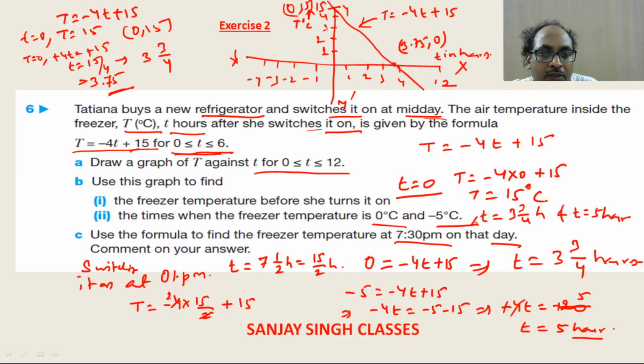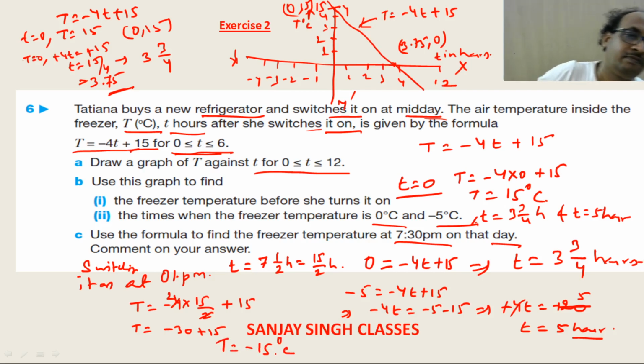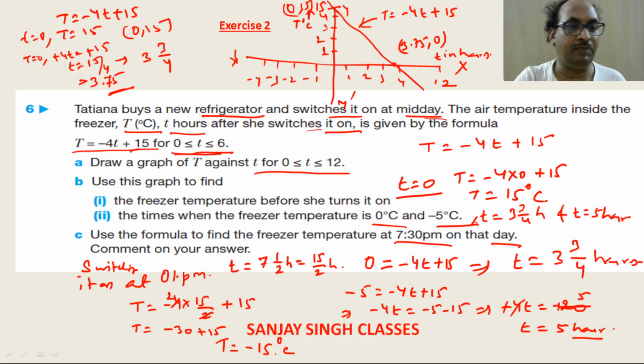So T is equal to minus 30 plus 15, which will be giving us T is equal to minus 15 degrees Celsius. Okay, so at 7:30 p.m. the temperature will be minus 15 degrees centigrade.